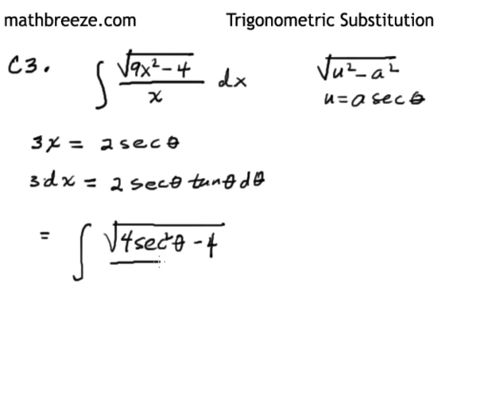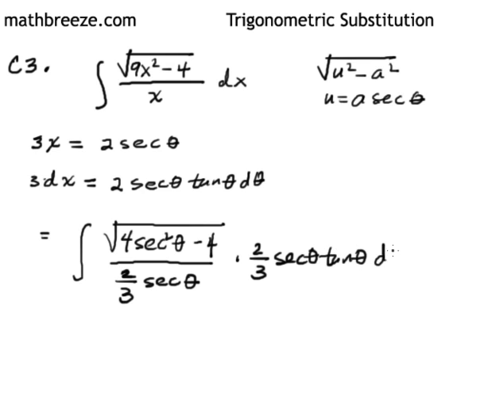And over x, divide both sides by 3, x is equal to 2/3 secant theta. So here we'll put 2/3 secant theta. And for dx, we have 2/3 secant theta tangent theta d theta.